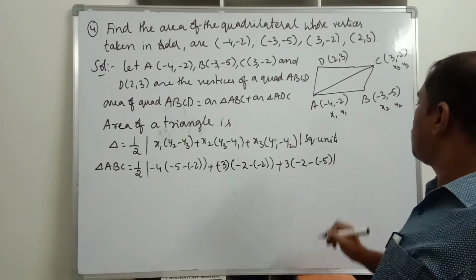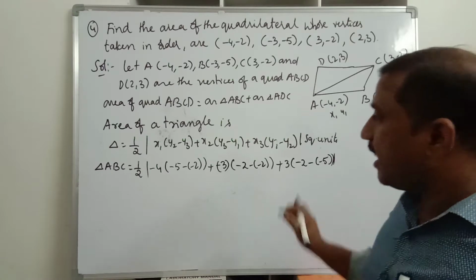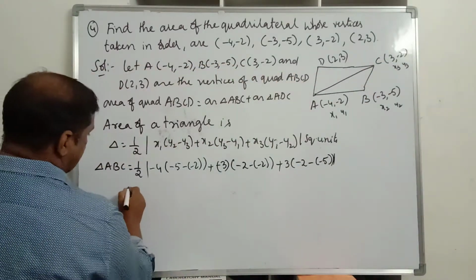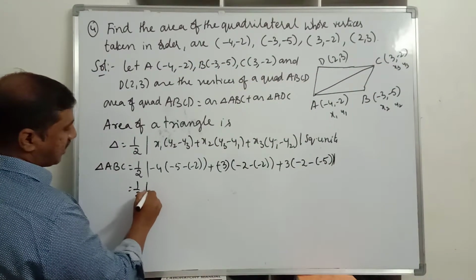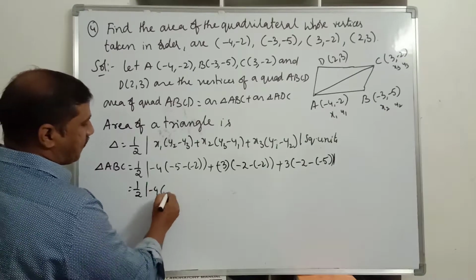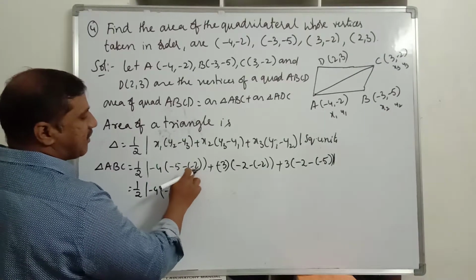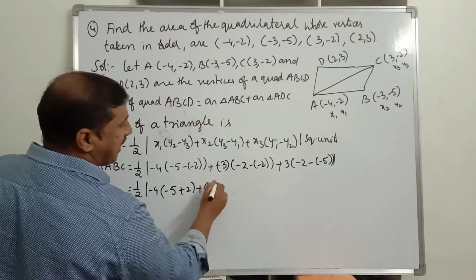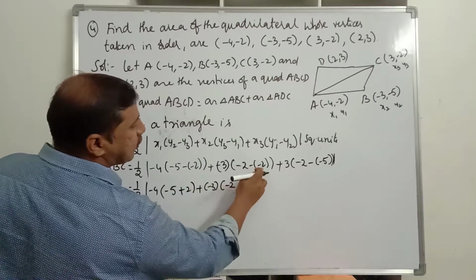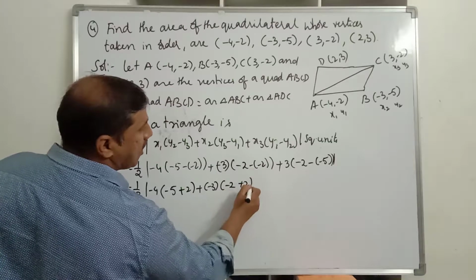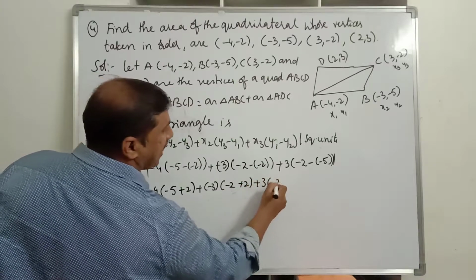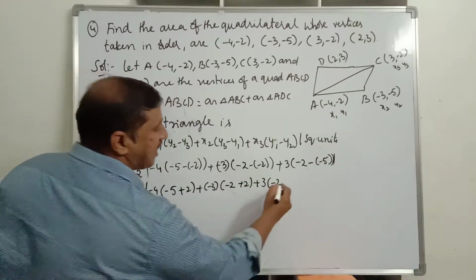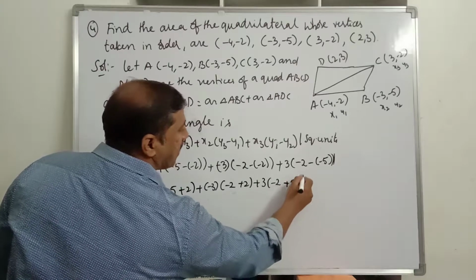Like this you substitute the values, then you simplify this. That is equal to half into modulus of minus 4 into minus 5, minus into minus is plus 2, plus minus 3 into minus 2, minus into minus is plus 2, plus 3 into minus 2, minus into minus is plus 5.